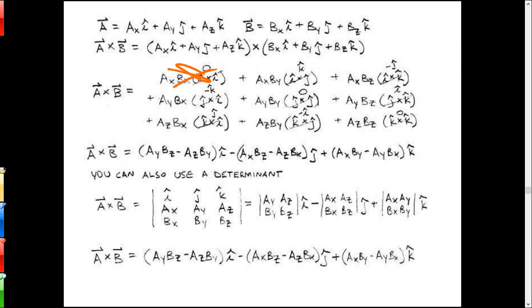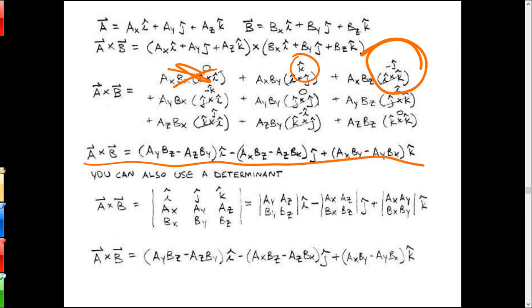AX BY, i crossed with j, which is k. AX BZ, i crossed with k, which is a negative j, etc., etc. And then I just collect the terms right there. There's the formula that's in your formula sheet.